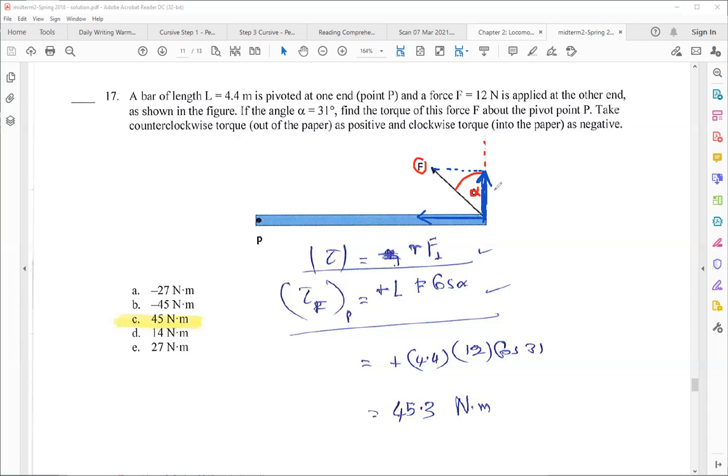Now, if you look at this F perpendicular, the perpendicular component of force, relative to the angle alpha, what does it represent?